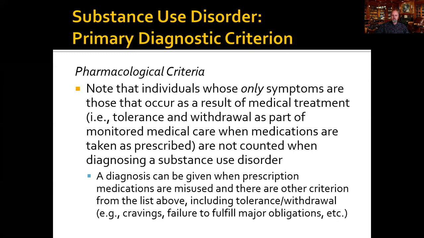However, there are certainly many people out there who abuse prescription medications. If they're abusing prescription medications in order to avoid withdrawal, or they need more and more because they're using them to get high, then you definitely can use that to determine whether or not they meet tolerance and withdrawal criteria.